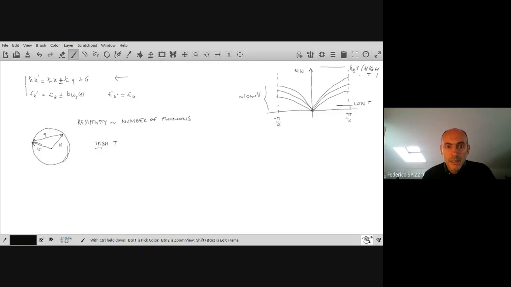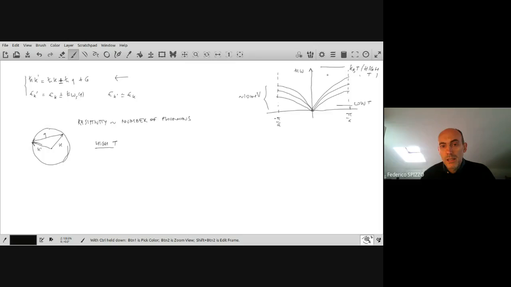So in the high temperature regime, when the temperature of the system is up here, then we expect that all the possible phonon states are active, because the thermal energy is larger with respect to the typical phonon energy for any arbitrary wave vector. So we expect again that all the phonons are active.